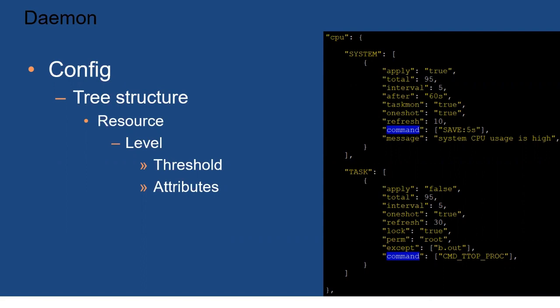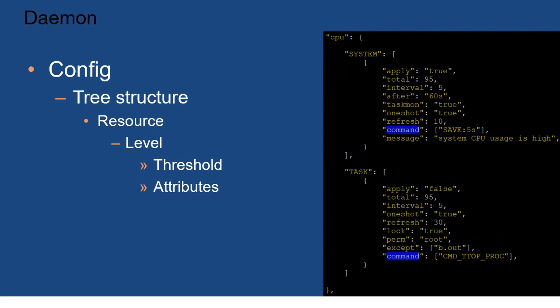Events of system and task are defined for CPU resources. The attributes of each event include threshold values such as total and a list of commands to be executed when the event occurs.